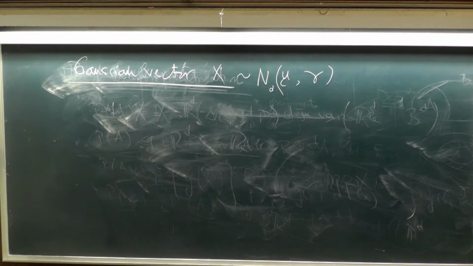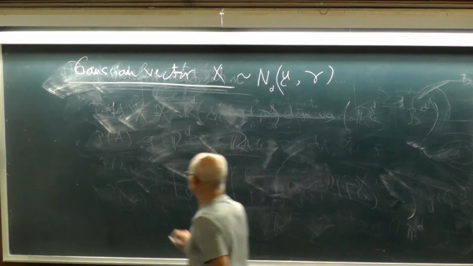So that tells you the story about it, right? And the joint density of such a vector is the following.